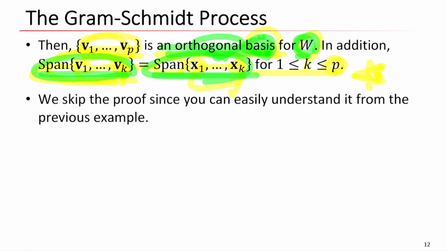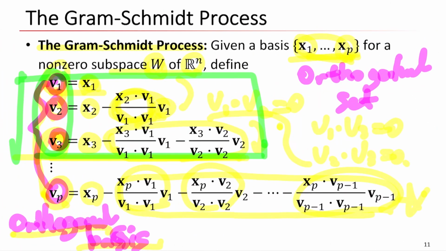So if you see this one, actually just think about this. v1 and u1 are the same because the difference between v1 and u1 is just the normalization term, right? So let's suppose v1 and u1 are the same.